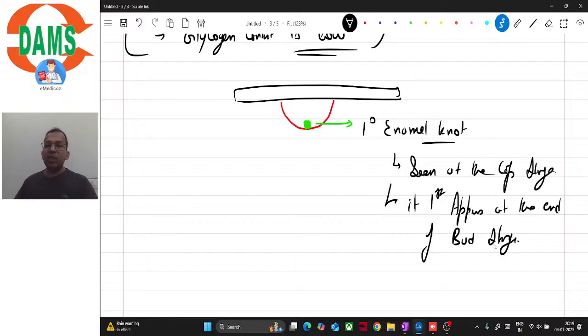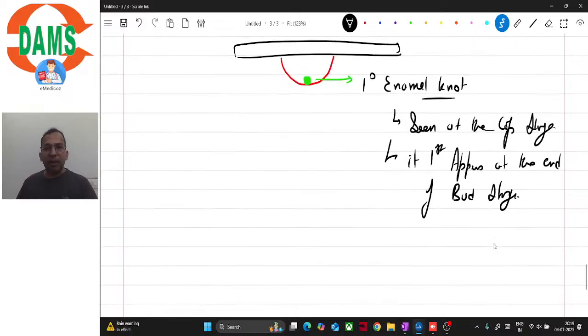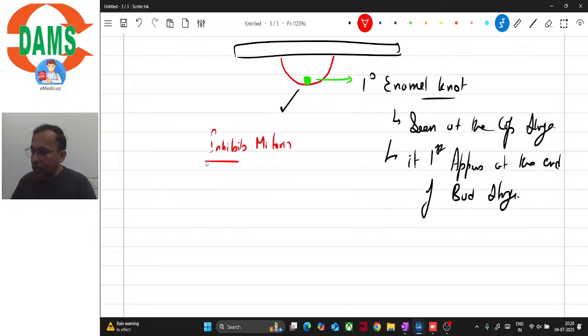What is the role of this primary enamel knot? Basically it inhibits mitosis. So there would be localized cessation of cellular proliferation. Proliferation of cells would be arrested at this particular location where the enamel knot has appeared.